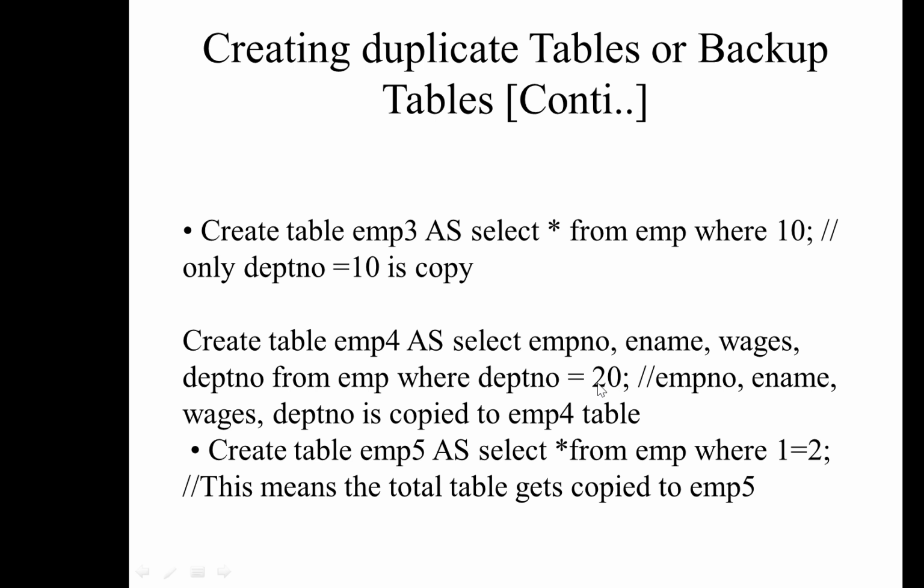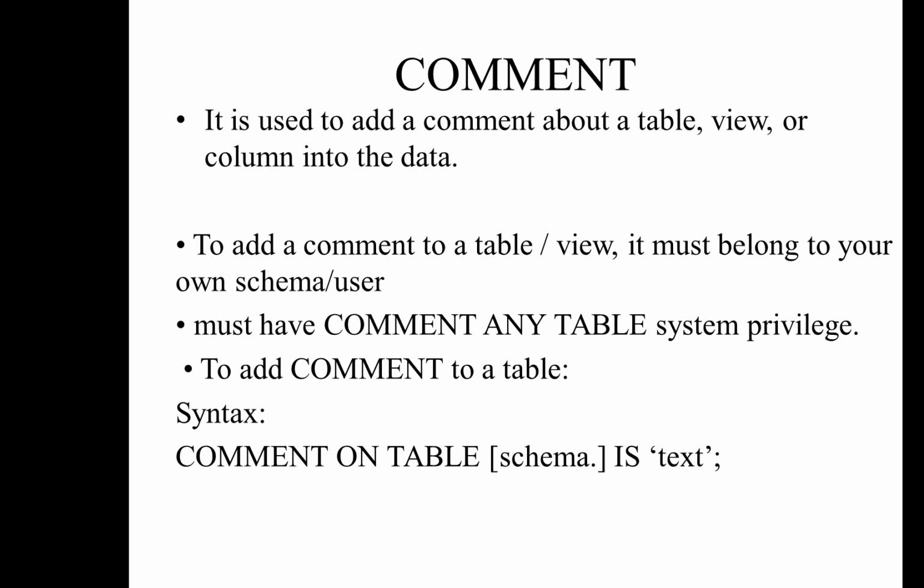This means from the employee table, we are going to select only the columns employee number, employee name, wages and department for the new table called employee4, and with the where condition, only the data having department number equal to 20 is selected for your employee4 table. These are all the examples for creating duplicate tables or backup tables.